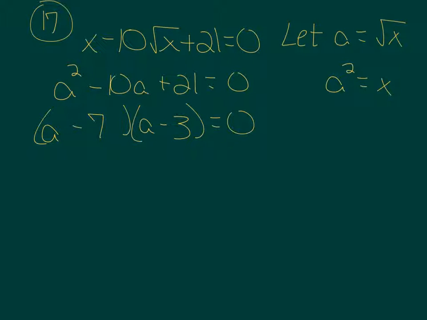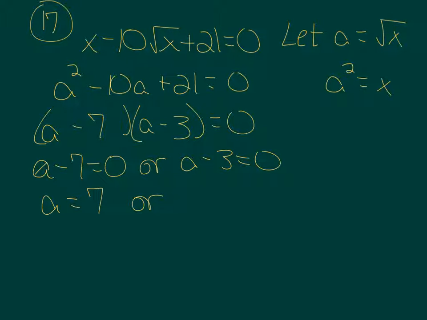Now I'm going to use my zero product property. a minus 7 equals 0, or a minus 3 equals 0. a equals 7, or a equals 3. But I don't want a. I need x. So a is the square root of x.